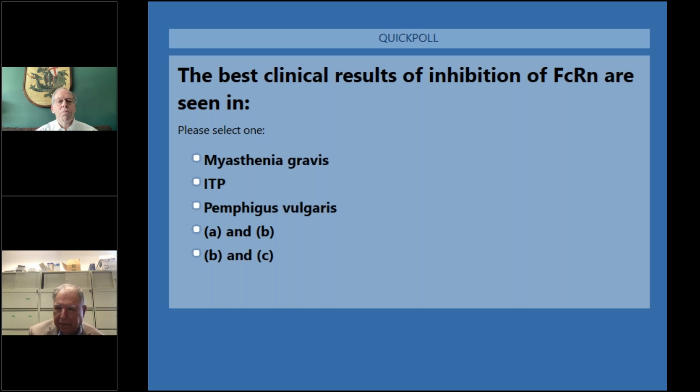Best results of inhibition of FcRn are seen in myasthenia, in ITP, in pemphigus vulgaris, in myasthenia and ITP, or in ITP and pemphigus vulgaris. Please select one.